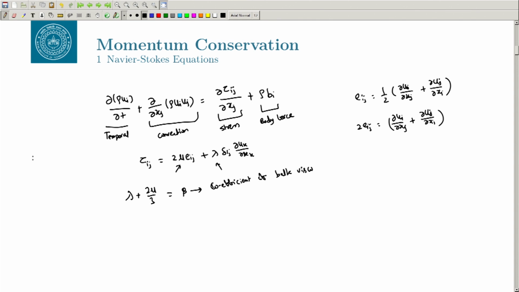Then we said that for normal flow conditions, if the speed is not very high, not in the hypersonic region, or if the gas is monatomic, in that case beta almost goes to 0 and lambda becomes minus 2 mu by 3, and this was called the Stokes hypothesis.